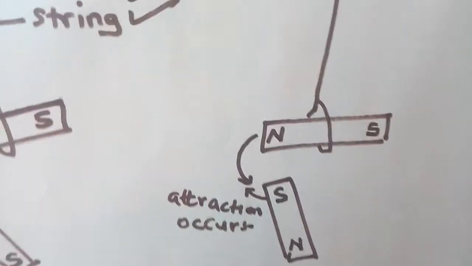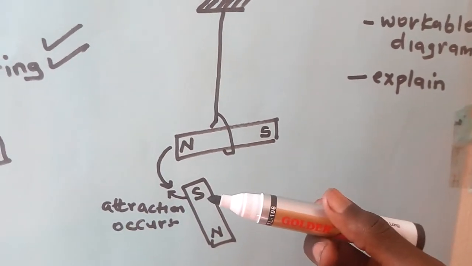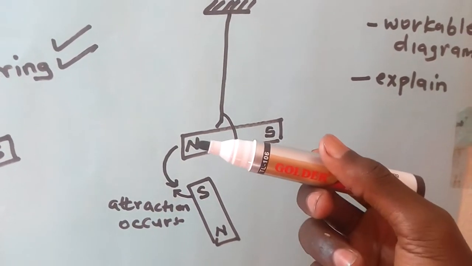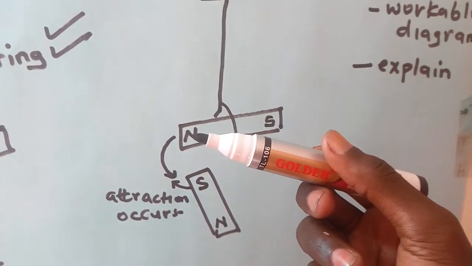See, that is now the second diagram. The south pole of another magnet is brought near the north pole of the suspended magnet.